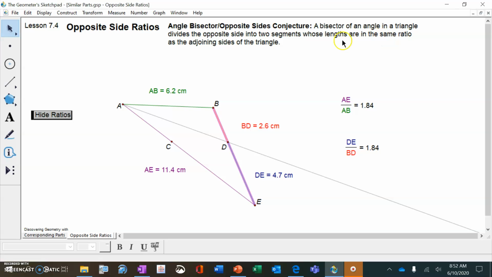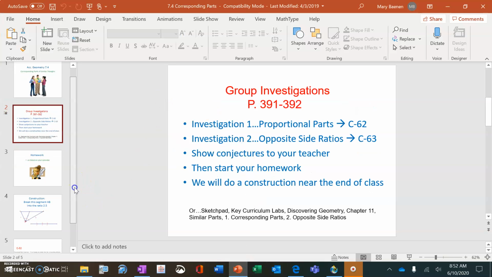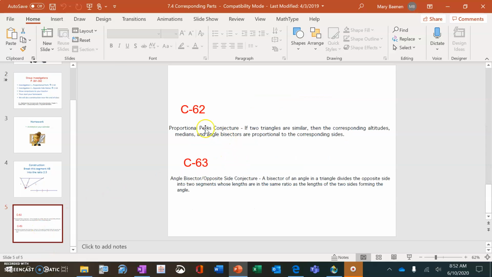A bisector of an angle in a triangle divides the opposite side into two parts whose lengths are in the same ratio as the adjoining sides of the triangle. Now, if I go back, here is the list of the conjectures.